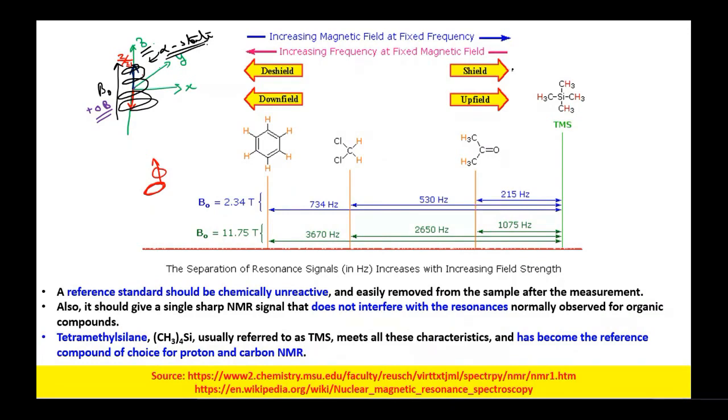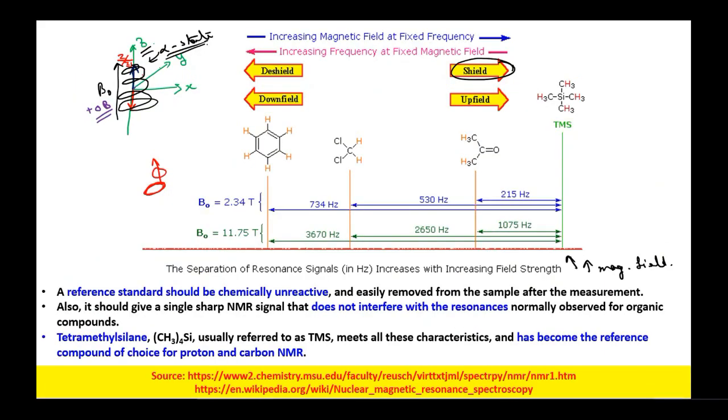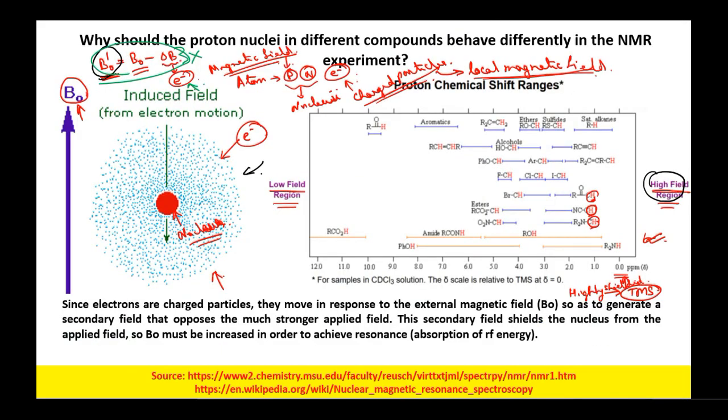So when there is shielding, we need a high magnetic field. See, it is written over here, high field region. So be very careful what the other person is telling you, whether it is about the shielding effect or this high field region.